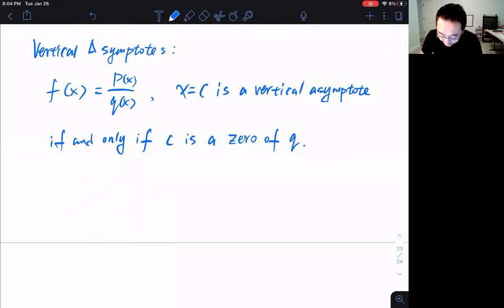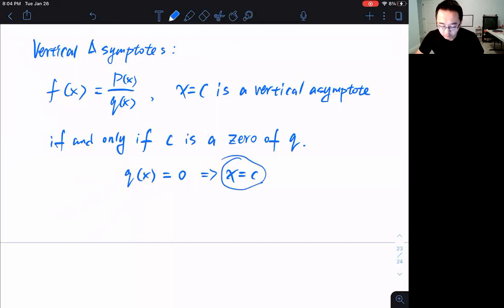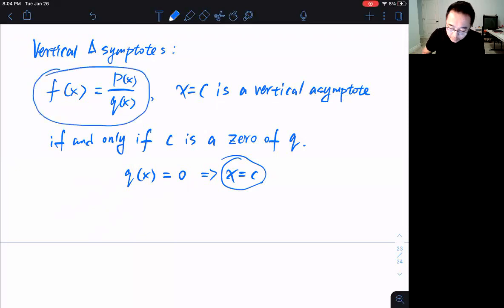What I mean by that is you set q of x equals 0 and you get x equals c. So when you set the denominator to 0 and solve for x, then the line x equals c is a vertical asymptote for the function f of x. Now I'll give you some examples.